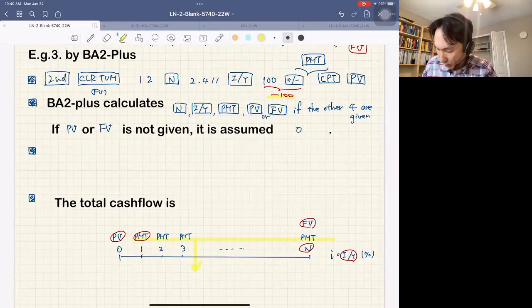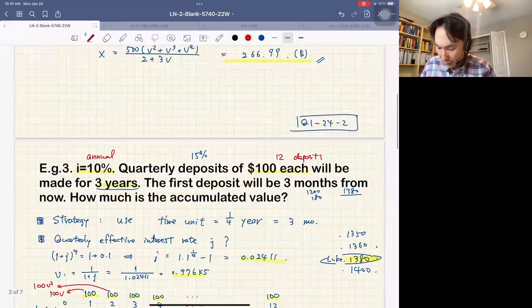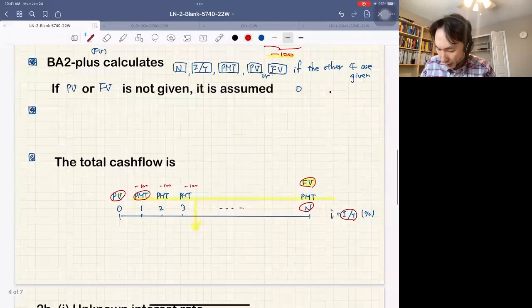So we have another option. We may have an additional lump sum payment at time N. Then we can put it as a future value and still calculate the present value. For example, if we have negative 100 here, negative 100 here, then at last we may put negative 500, a last $500 deposit here.